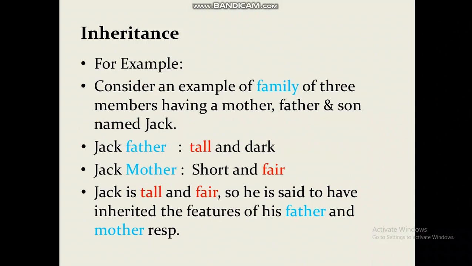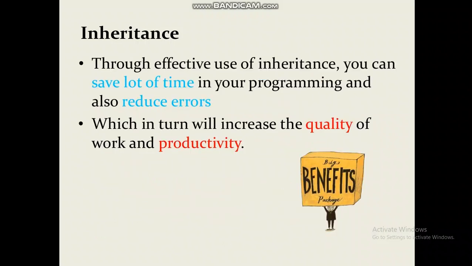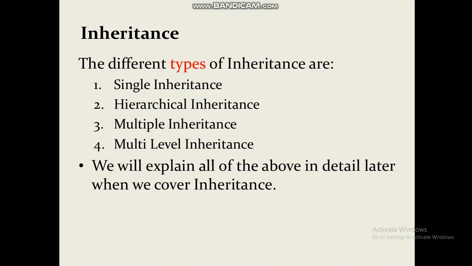Father is tall and dark, mother is short and fair. So Jack inherits the properties of tallness and fairness from his parents. So it's an inheritance. Inheritance saves a lot of time and also reduces errors, which in turn increases quality and productivity. There are different types of inheritance: single, hierarchical, multiple, multi-level. We will explain in detail later.